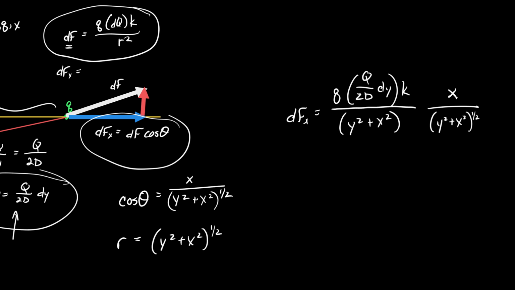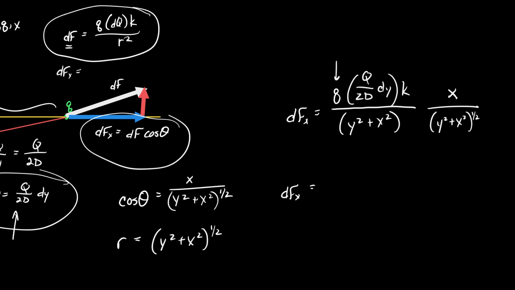Now this is a mess. I mean, a total mess. However, a lot of these things don't depend on y. So what you should do next is take out everything that doesn't depend on y and separate it from the rest of the expression. So let's go through. Does q depend on y? The point charge?